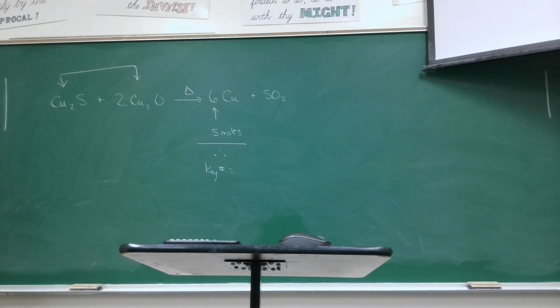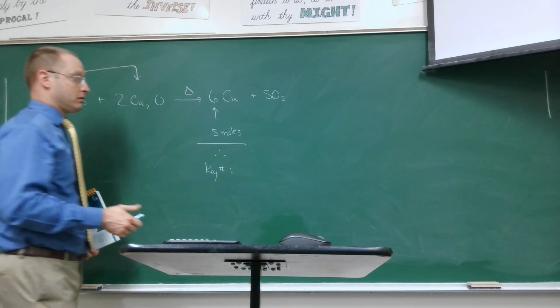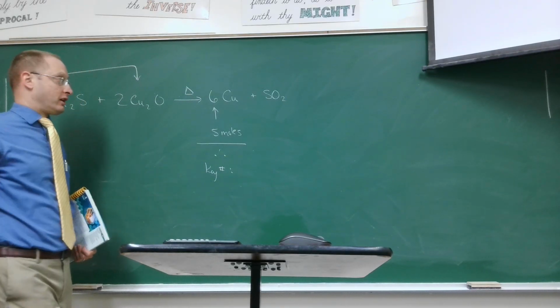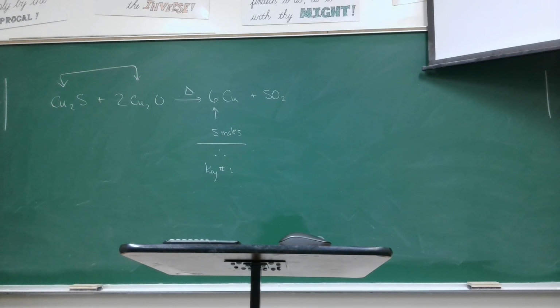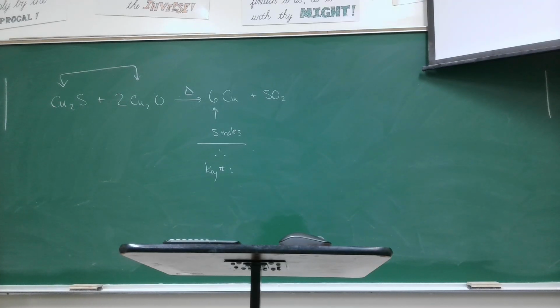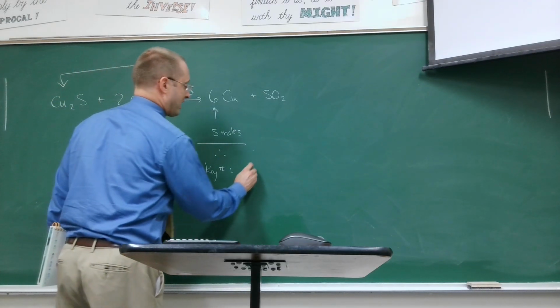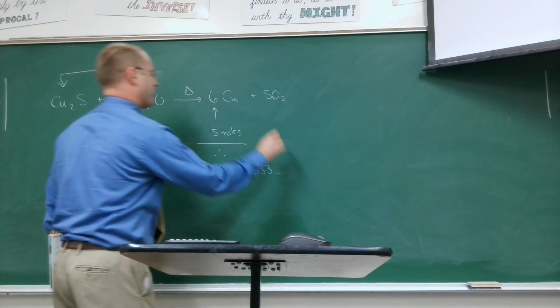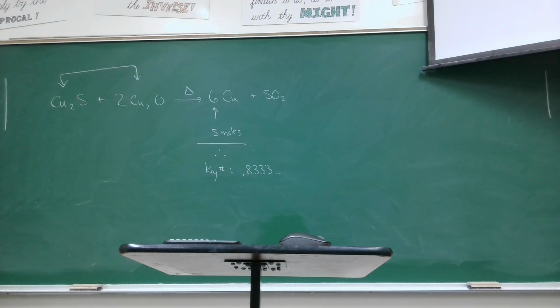So if there's 5 moles, but it's 6 Cu, what is the key number, class? Calculators, let's go. If we have 5 moles that we need, but the coefficient is a 6, what's the key number we're going to use in the problem? 0.833333, right? It's just a whole bunch of 3s. I'm going to write about 3 of them, and we'll call that good. Take the 5 moles we have, divide by the coefficient. That's going to tell us our key number.